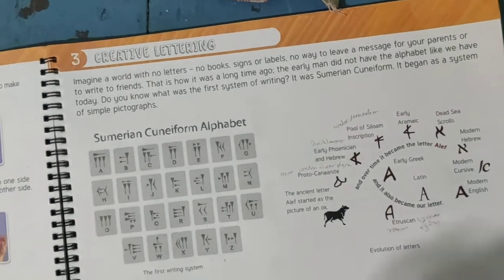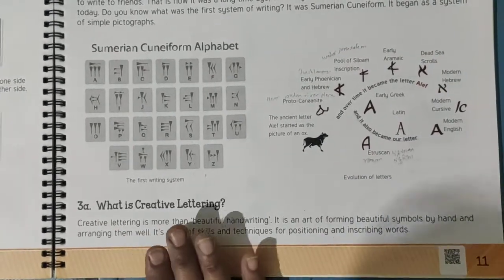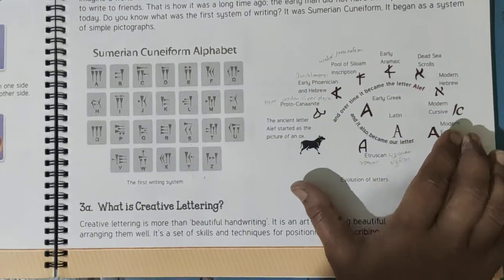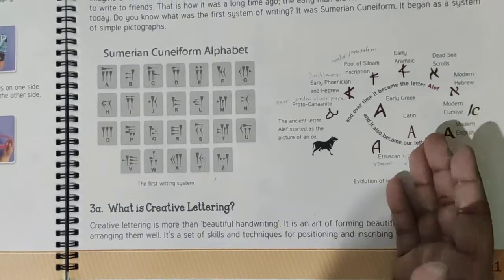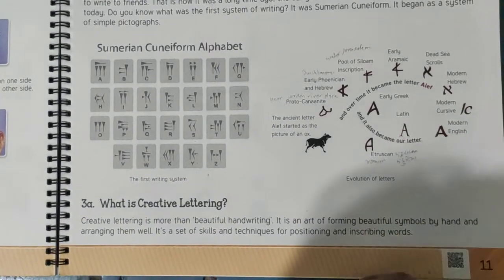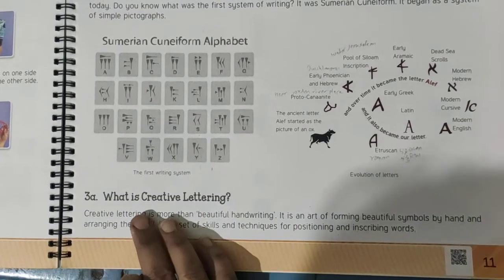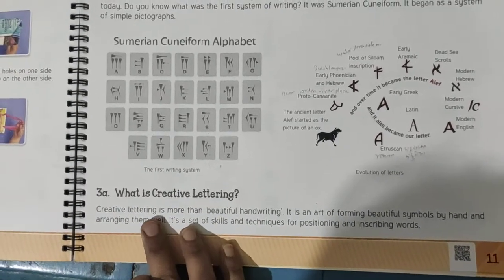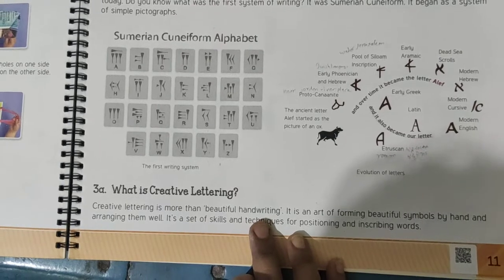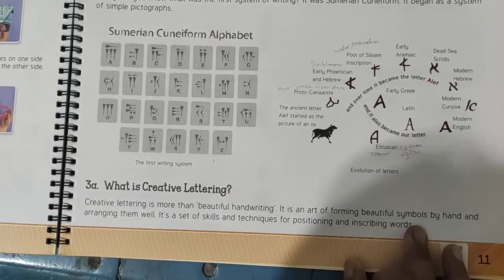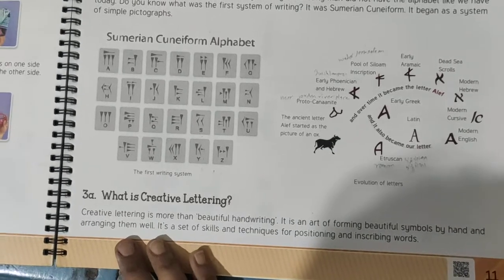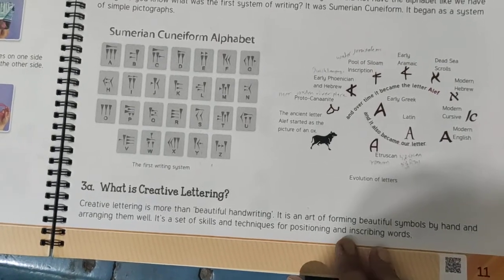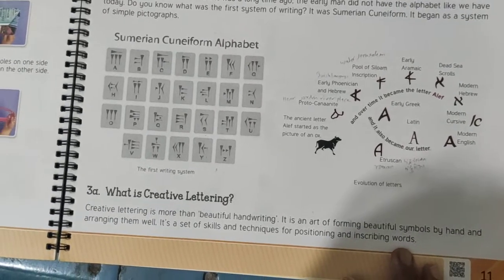So come to the next point here. What is creative lettering? This is the evolution of letters only. We found letters and alphabets, but we can create them more. So let's come to the creative portion. Creative lettering is more than beautiful handwriting. It is an art of forming beautiful symbols by hand and arranging them well. It's a set of skills and techniques for positioning and inscribing words.